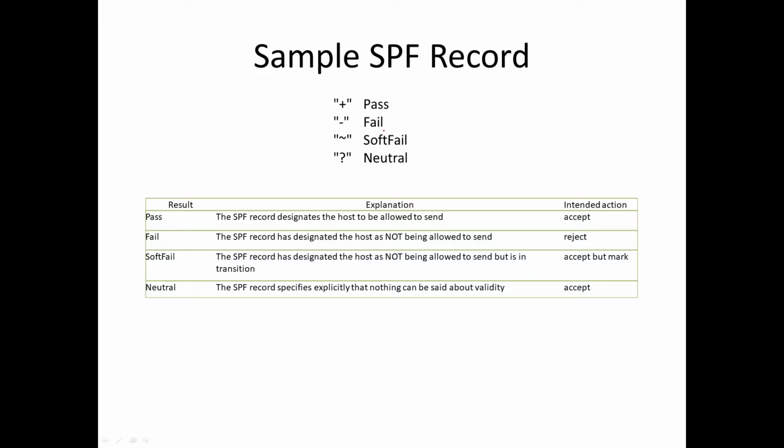Hyphen means fail. Thus, we use hyphen to fail all other machines. Like from the previous example, we use it with -all. Now, soft fail means accept but mark it whether as a spam or a suspicious email.